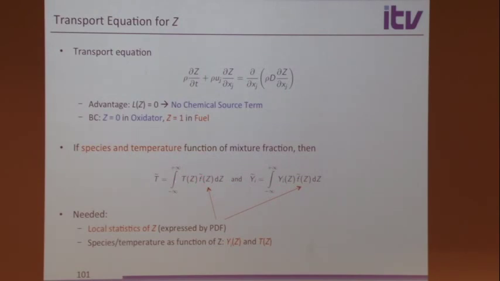Now, if the temperature is a function not only of mixture fraction, but also of a few other parameters, then for the same thing I would need the joint PDF, not only of mixture fraction, but of all these parameters. Okay? So if we want to use this, then we need to know these two functions.